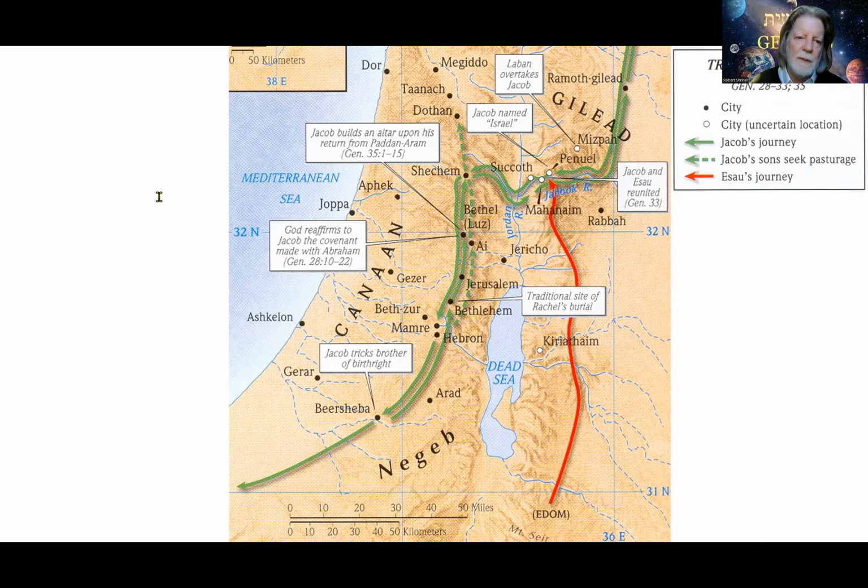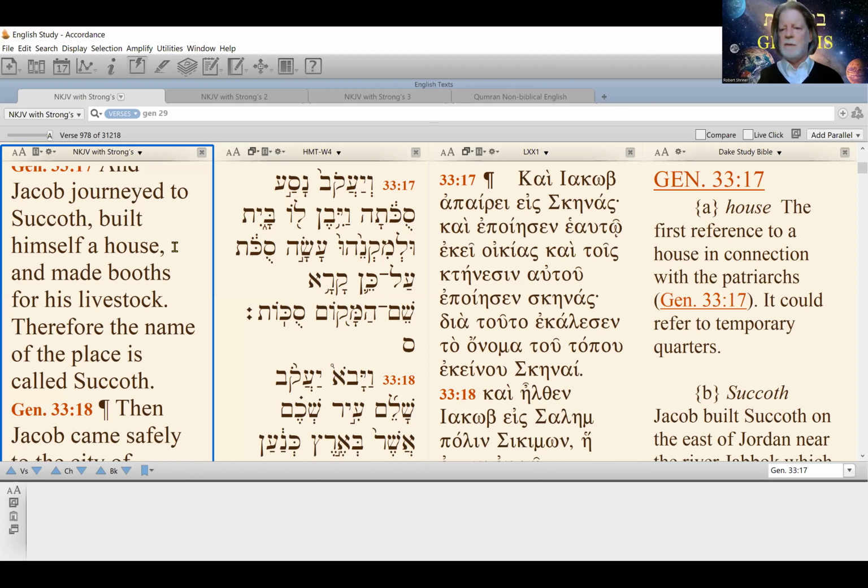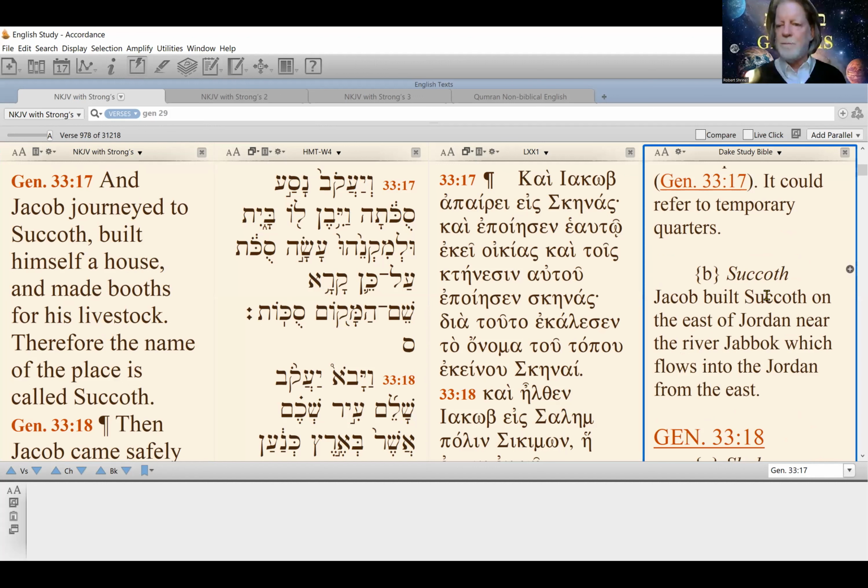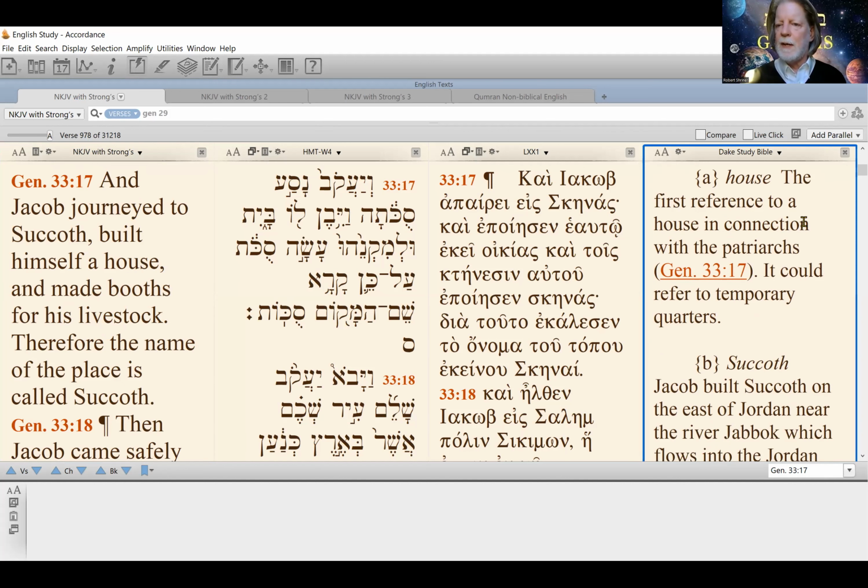So he journeyed to Sukkot, and he built himself a house. Now, Dake makes a point of the fact that Jacob built Sukkot on the east of the Jordan, near the river Yabbok, which flows into the Jordan from the east. He built a house. First reference to a house in connection with the patriarchs, it could refer to temporary quarters.